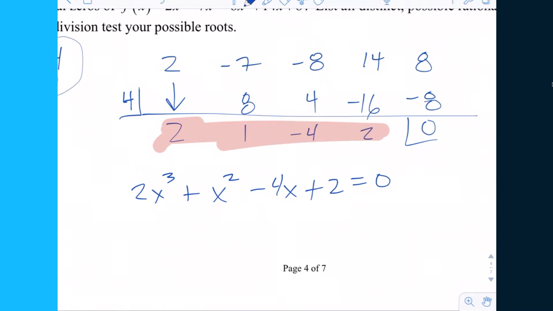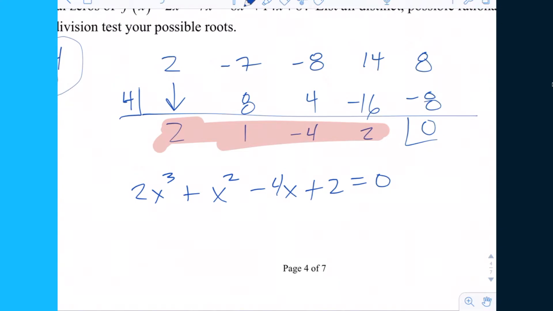You can either A, continue on by just randomly trying out values still from that original list on the cubic. B, you can write the cubic now as its own polynomial and then redo the rational root theorem. Notice any values that are left that work as roots are going to be now factors of 2 over factors of 2. So you can kind of make that candidate list smaller and then try again.